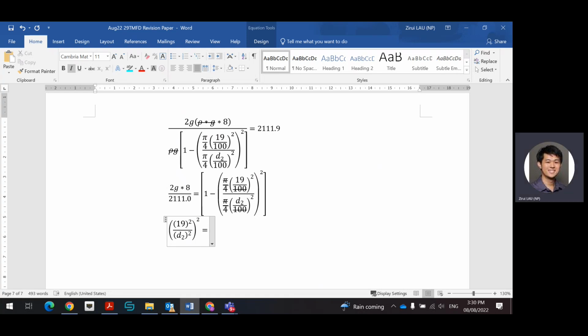Okay, so this will be 0.926. I switch places. This one I switch over: 1 minus 2g times 8 over 2111. So it's 0.926. I switch this across: 2g times 8 divided by 2111. So it's 1 minus 2g times 8 over 2111, which is 0.926.